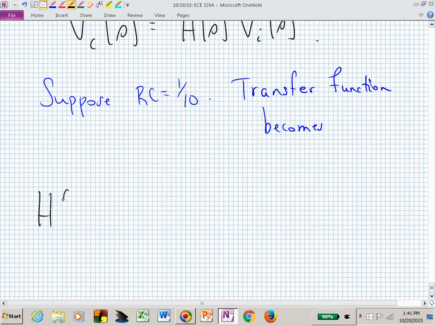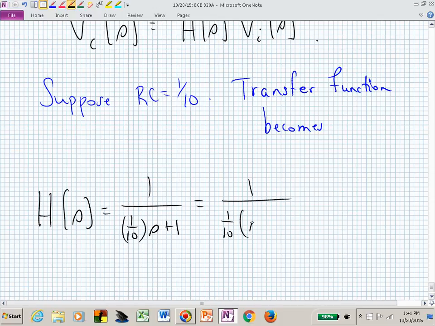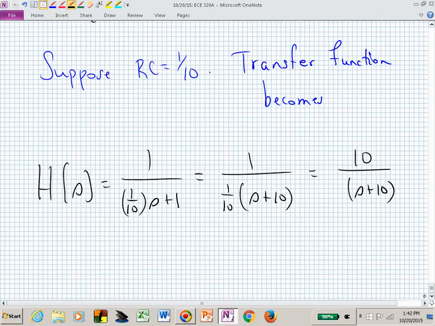H of S now is 1 over RC, which is 1/10 S plus 1. And we can write this many different ways. If I factor out that 1/10 from both terms, and now put that 1/10 upstairs, I have two different ways of writing the same equivalent transfer function.